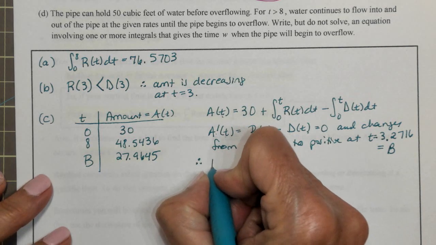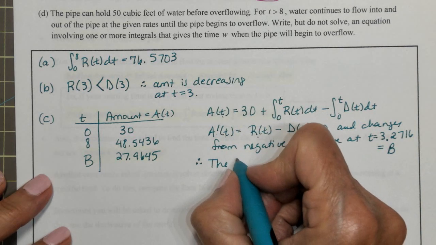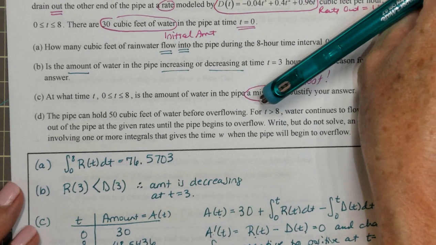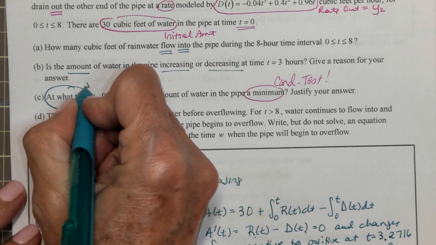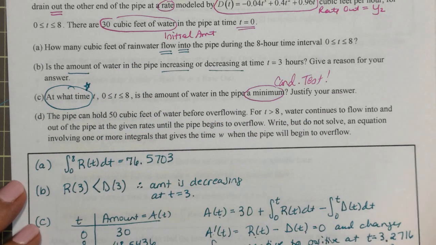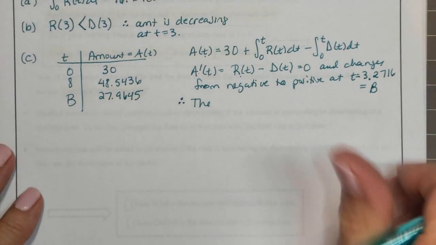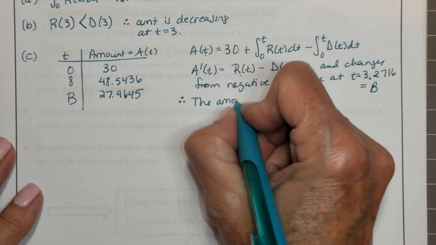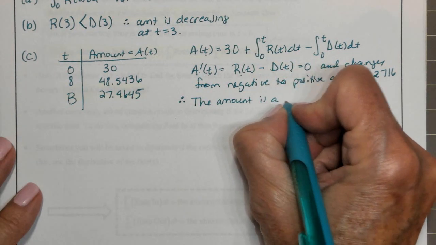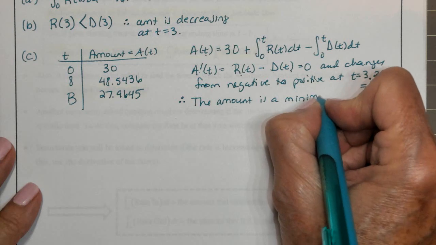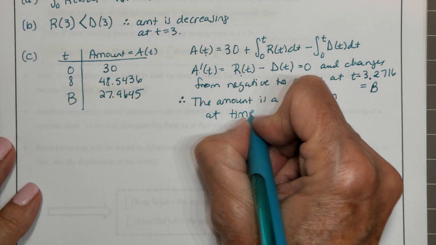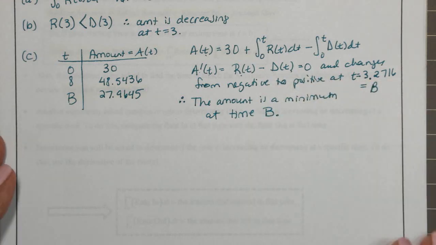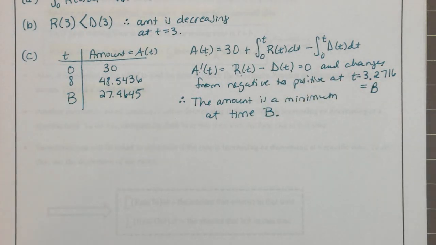Therefore, the minimum amount, oh, it didn't ask for the minimum amount. At what time? At what time is the amount a minimum? So the amount is a minimum at time B. Okay? So be careful what they're asking you for.